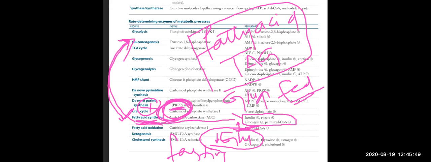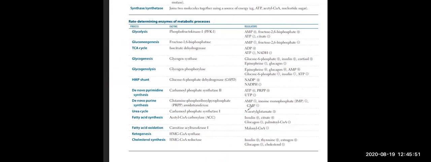So if I clear all these drawings, and if you just have a look at glycogenesis and fatty acid synthesis, in both of these things you see the same regulators. Why? Because the mechanism is going the same.